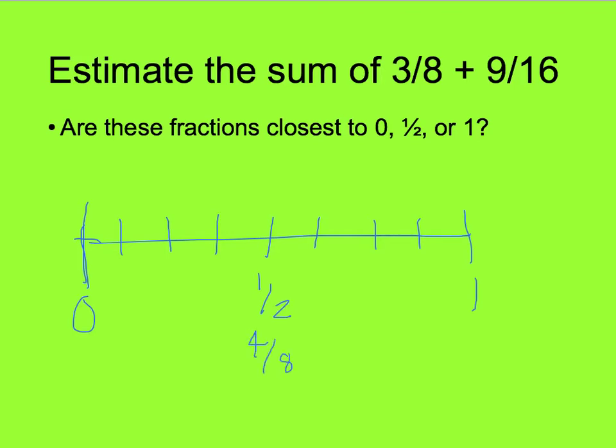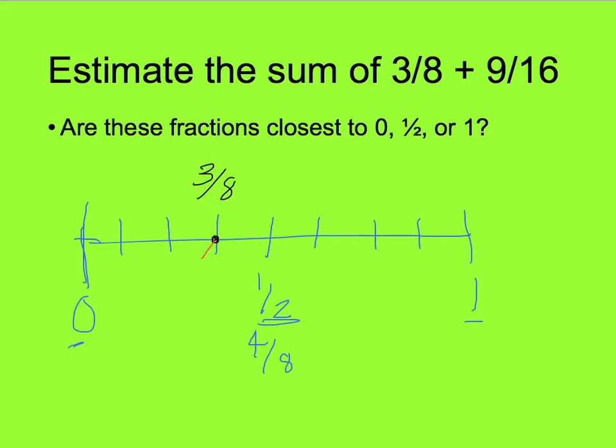So we know that we're looking at these three benchmark numbers, 0, 1/2, and 1. If we were to plot 3/8 on this number line, we would count over to the third tick mark, which is right there. So this is going to be our 3/8. Now we want to see what this is closest to. Well, it's between 0 and 1/2, so I know it's going to round to one of those two numbers.